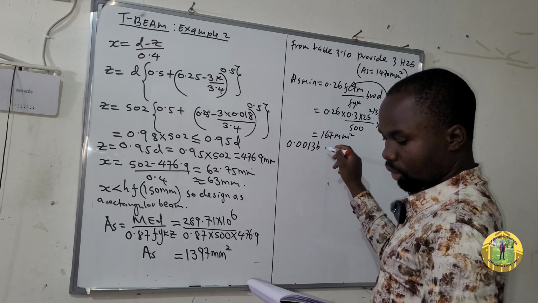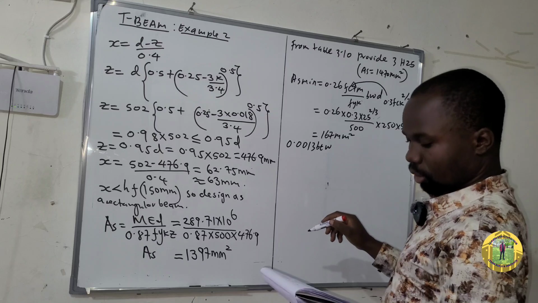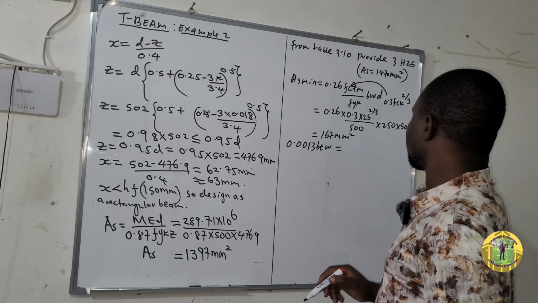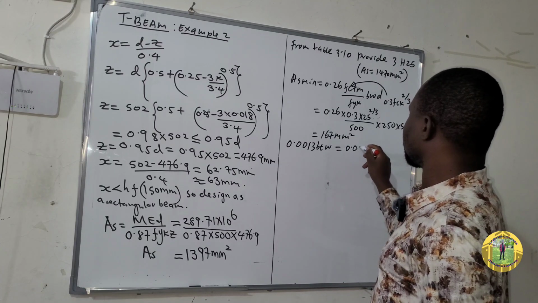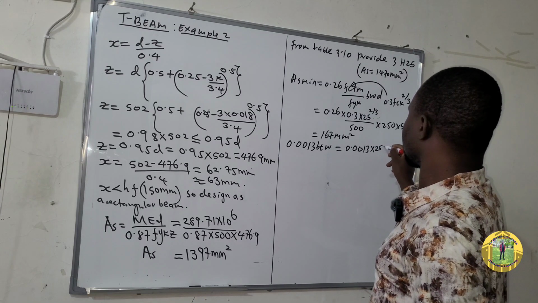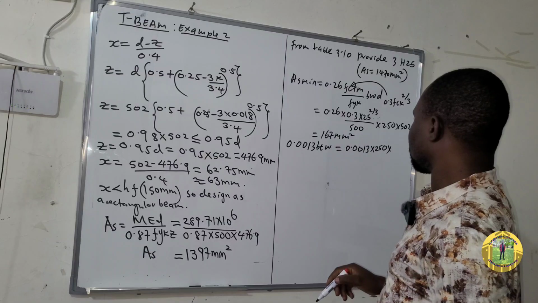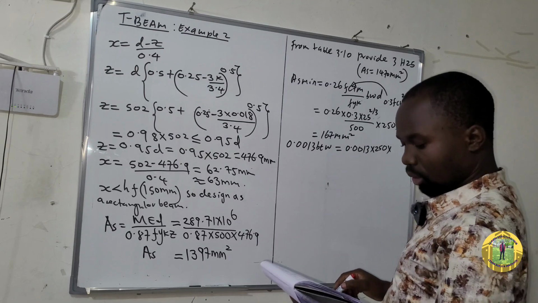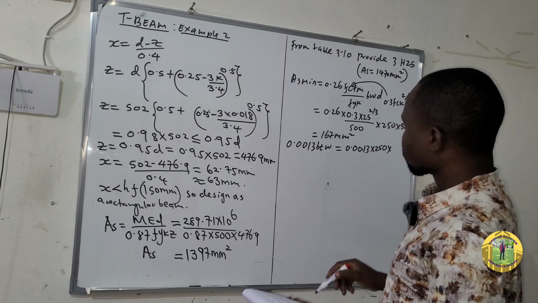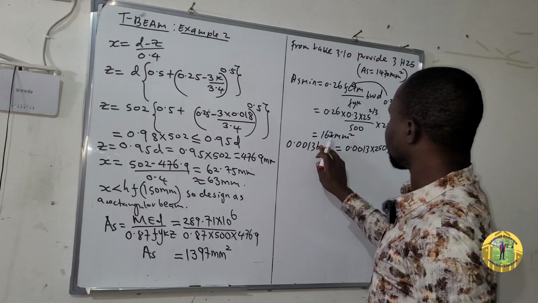And then we will proceed to 0.0013 BWD. So this one is equal to 0.0013 times 250 times 502.